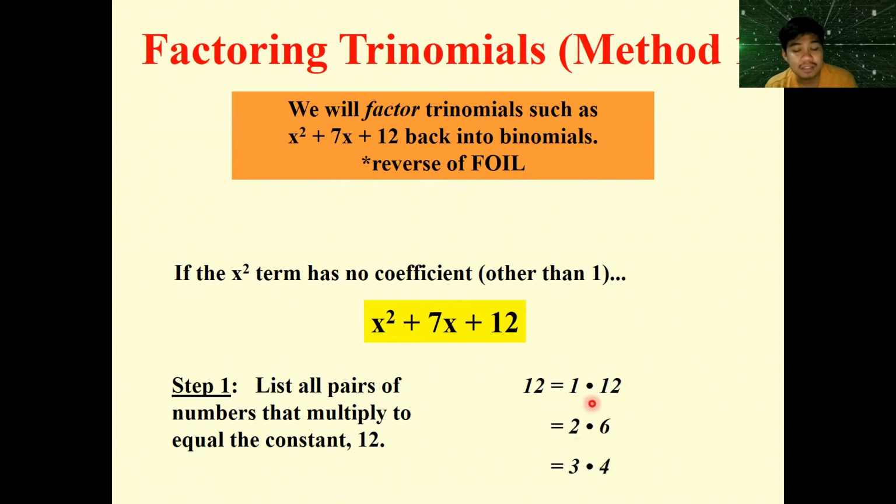So ito yung mga pares ng mga numbers na pag pinag-multiply natin, the answer is 12. So nalista na natin. So kung mayroon pang iba dyan, comment down below kung mayroon pang other integers na pag pinag-multiply natin, ang sagot is 12.